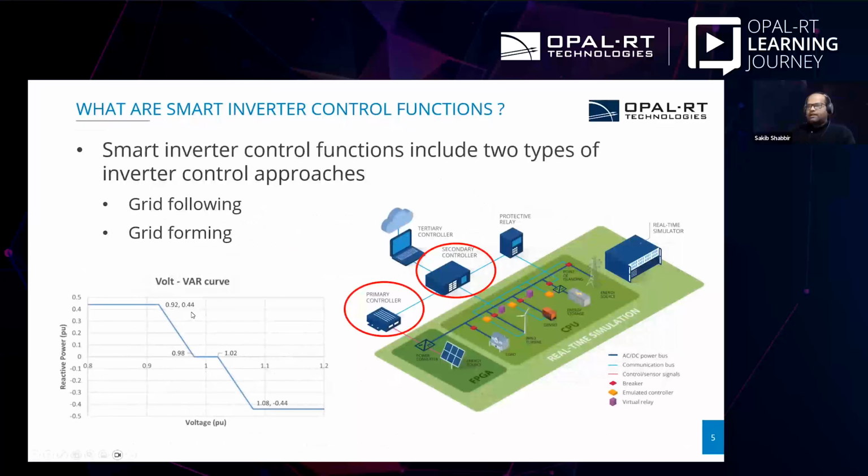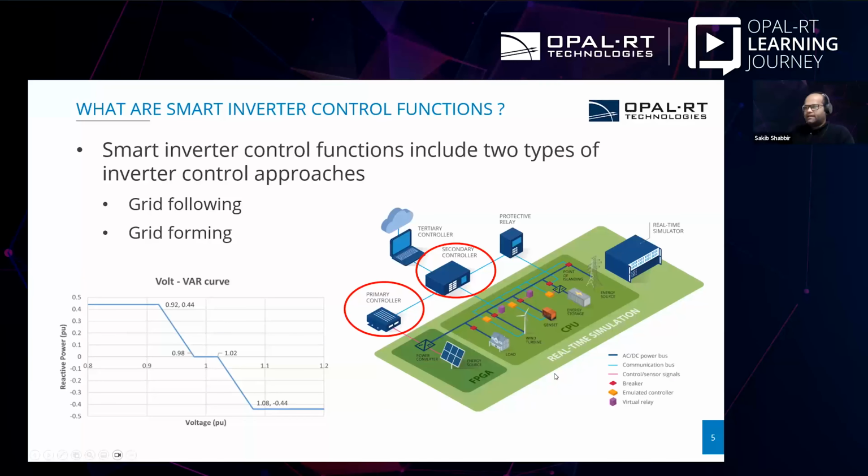Currently, if we broadly categorize inverter control systems, we can categorize them as grid following or grid forming. Consider a distribution system where we have some generation units and some load connected, and this distribution system is connected with the grid.